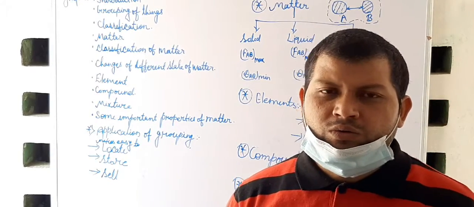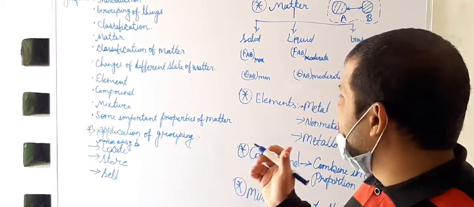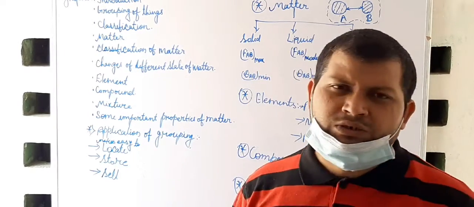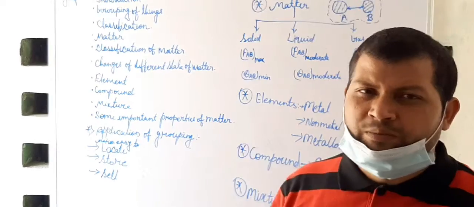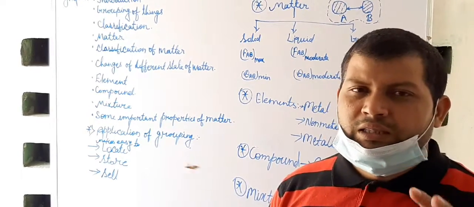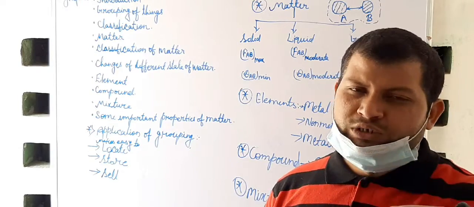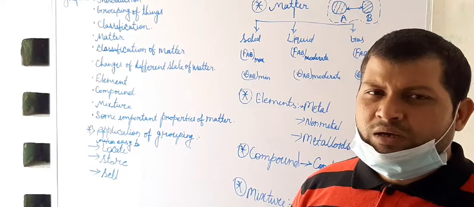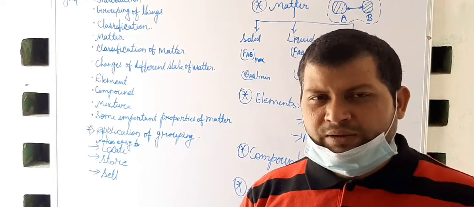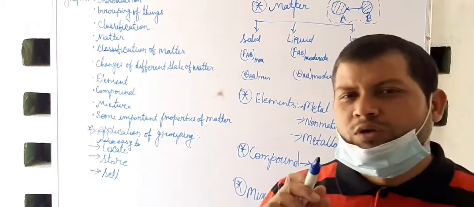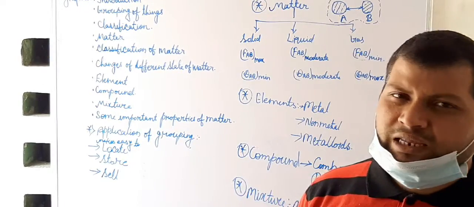And now let us look at compounds. A compound is a substance formed when two elements combine together in definite proportions and lose their properties; this combination gives us a new product that is called a compound. For example, NaCl.